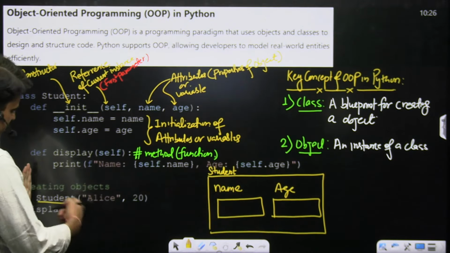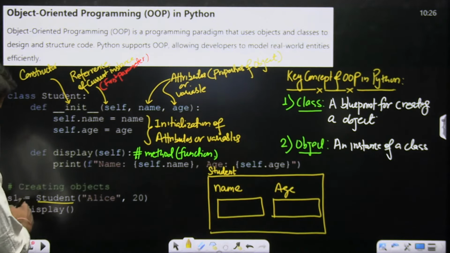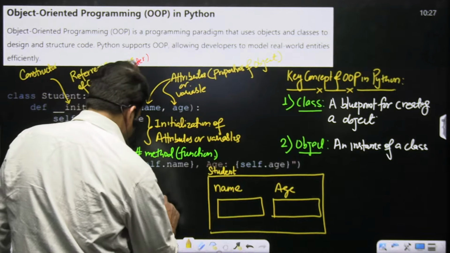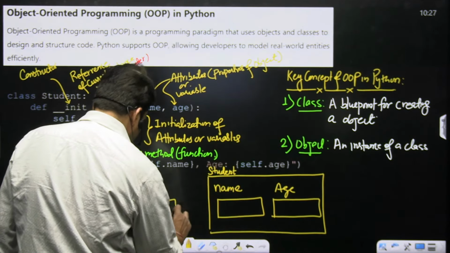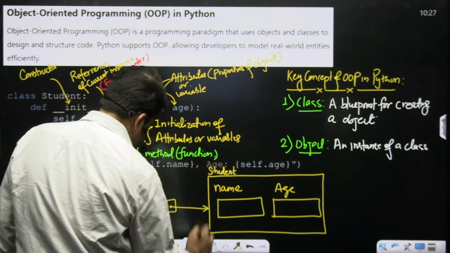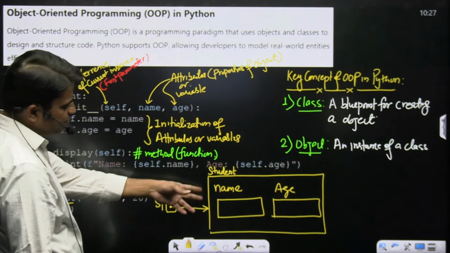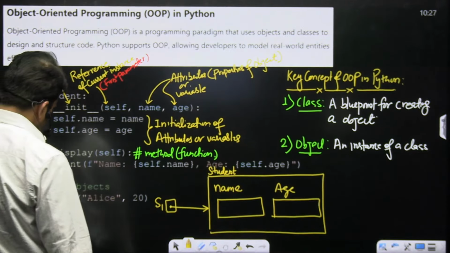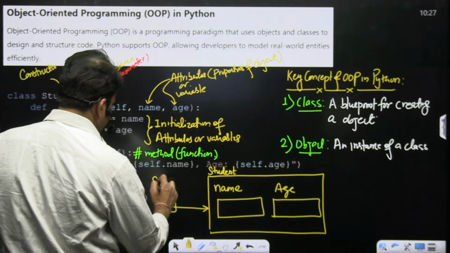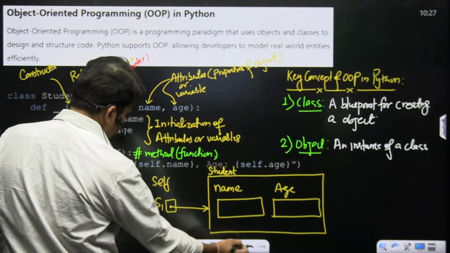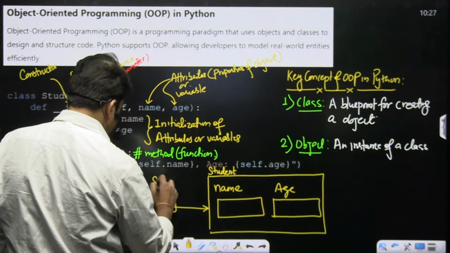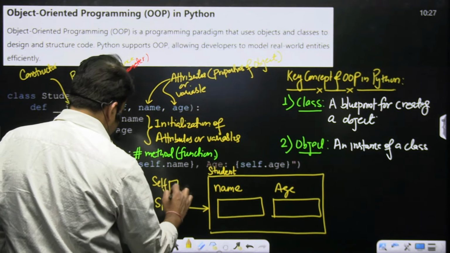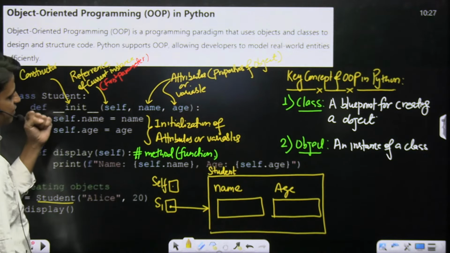When you write this line, s1 is pointing to this memory. S1 is the object pointing to this reference of memory. And self is the reference of the current instance.